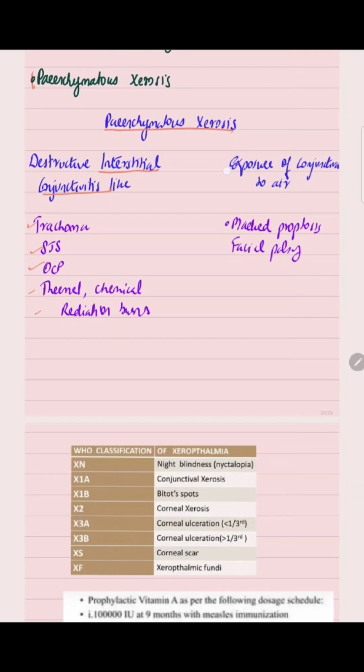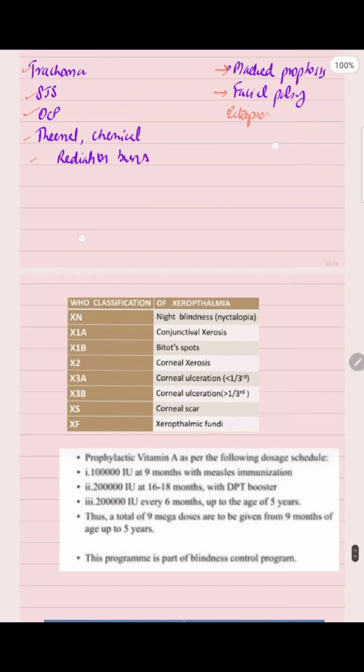Or it can be due to exposure of conjunctiva to air, such as in marked proptosis, facial palsy, ectropion, lack of blinking, coma, or lagophthalmos. That is parenchymatous xerosis.